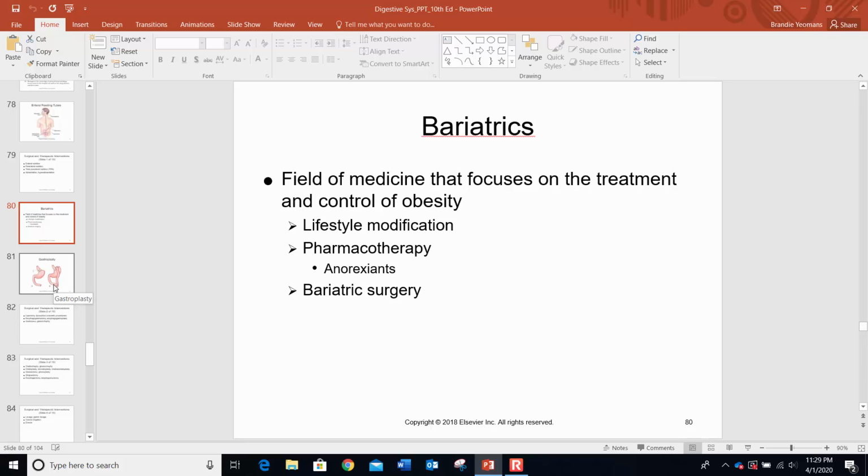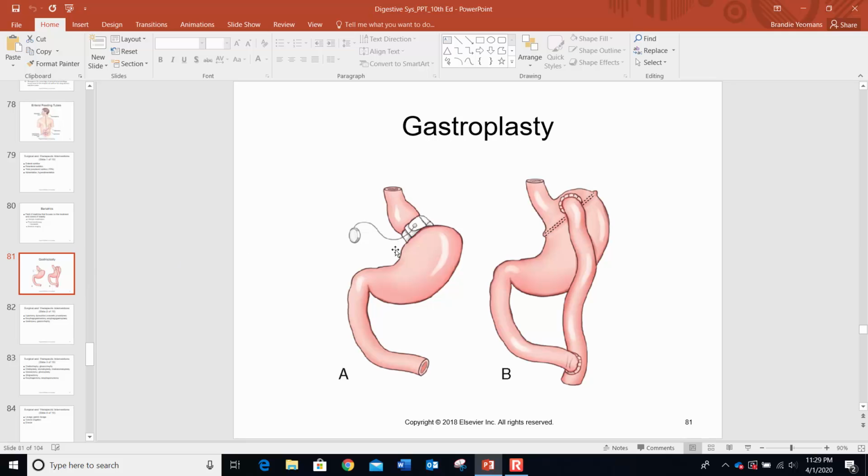Bariatrics, you're going to see a lot of new information on bariatric surgery, which is that good old gastric bypass, gastric sleeves, those types of things. So this is showing you the gastroplasty, where we are actually doing two things.